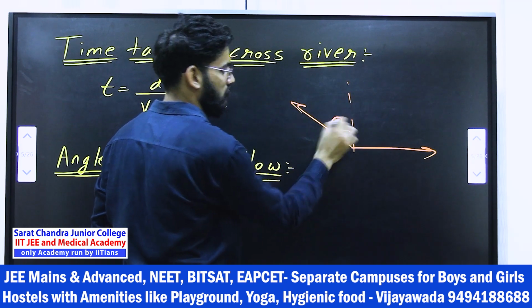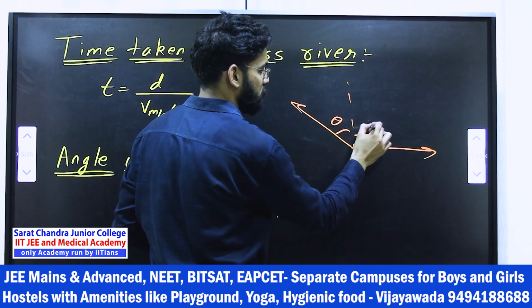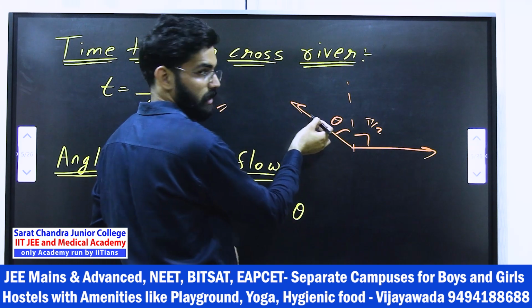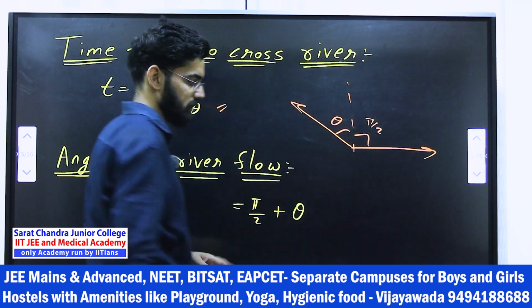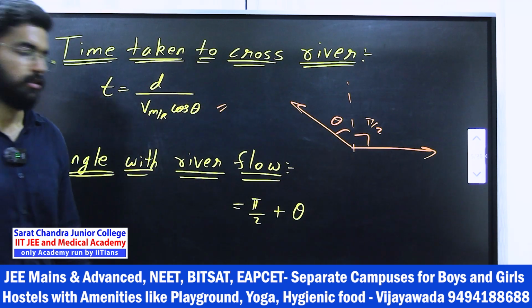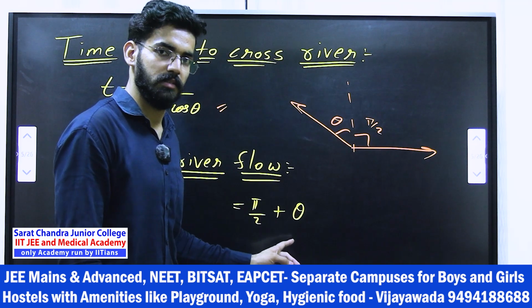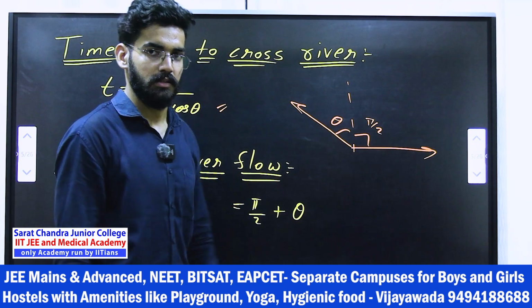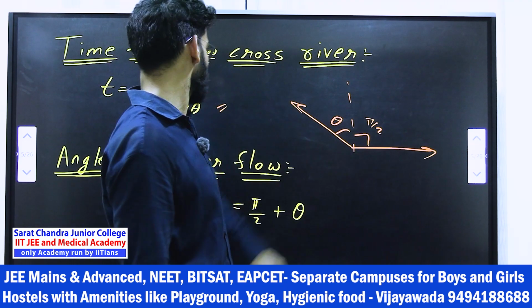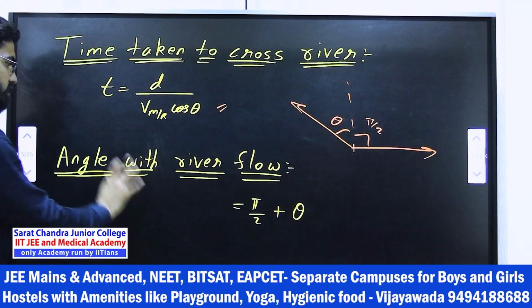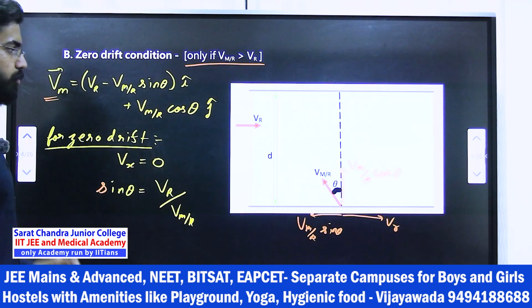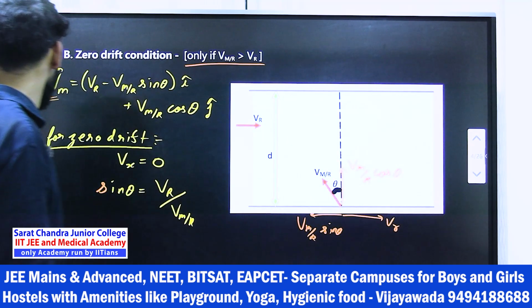This is your theta, so there is pi by 2 also. With the river flow, what is the angle of your velocity? That is pi by 2 plus theta. This is one silly mistake people make: directly answering theta, you will get a wrong answer. So this is your time, and this is the angle with the river. I hope you understood this. Let's go to the next.